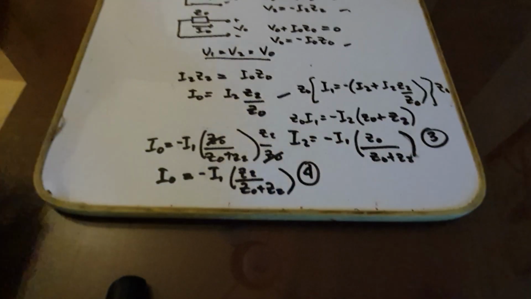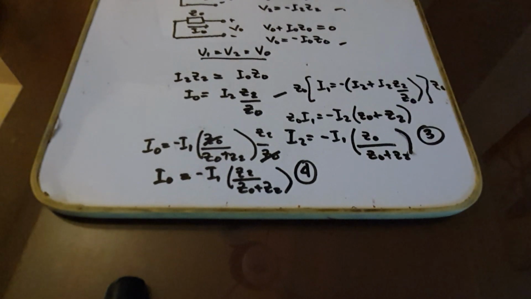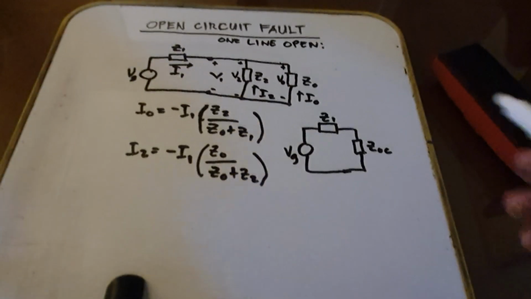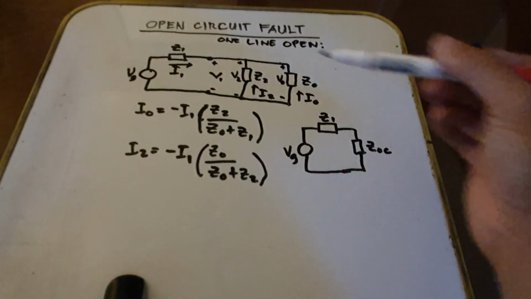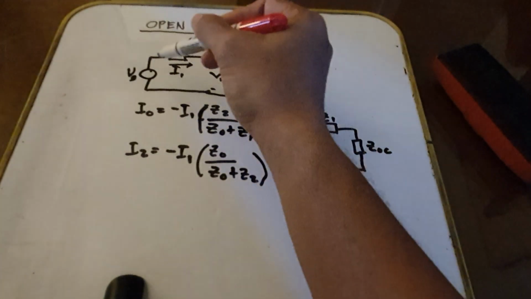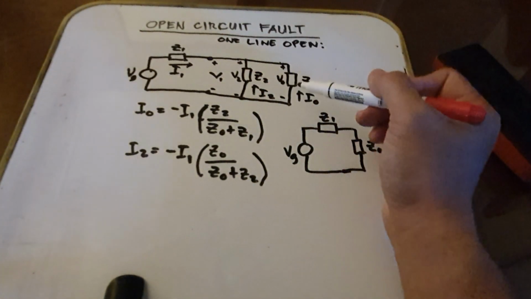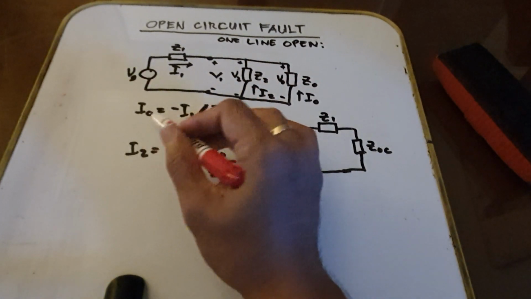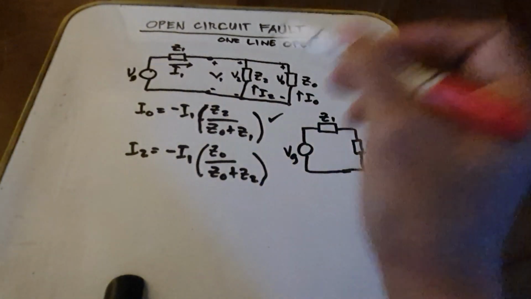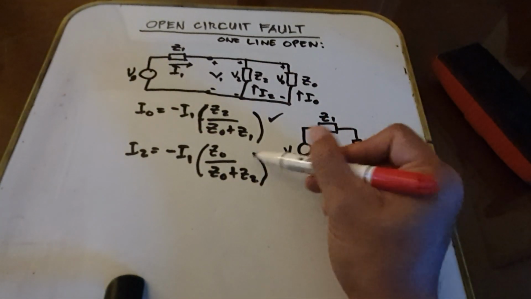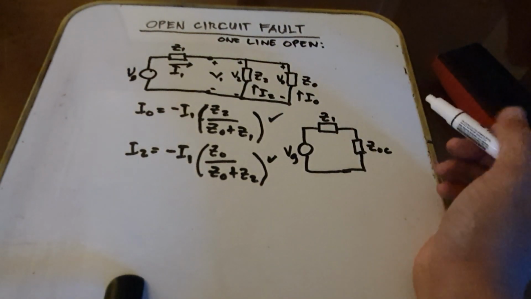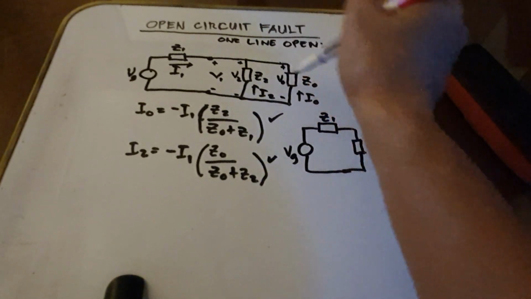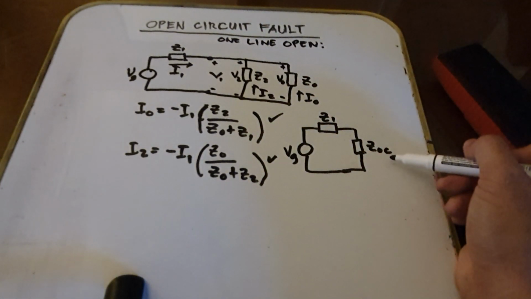Okay, we will summarize now. So this is the equivalent interconnection of the sequence networks for the one line open, and the formula for the negative sequence currents is this one, and for the zero sequence currents is also this one. Then the equivalent parallel impedance of this Z2 and Z0 is equal to ZOC, right?